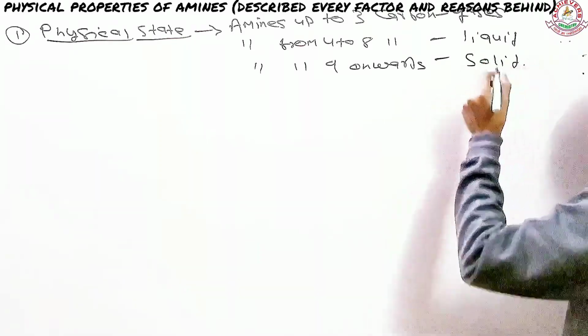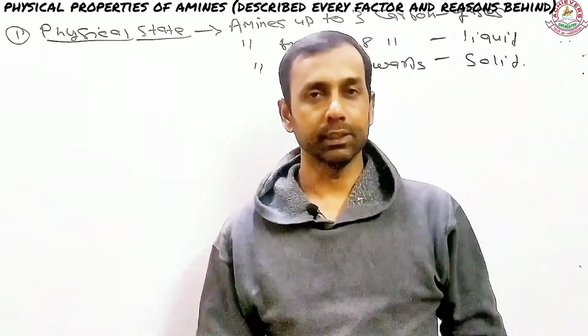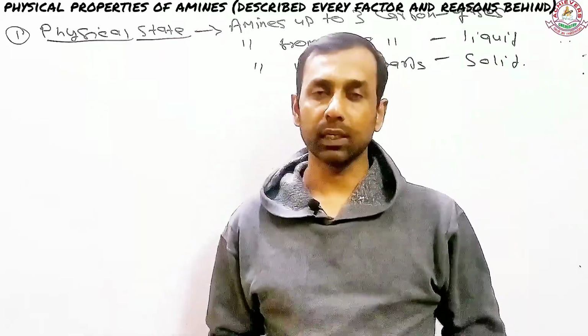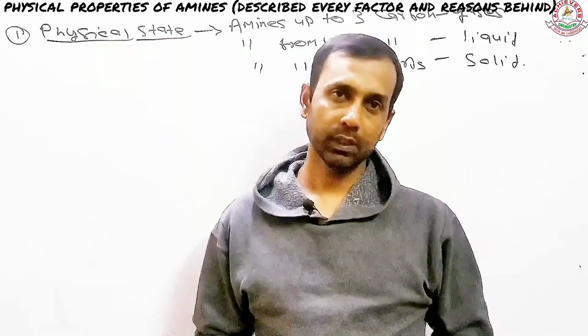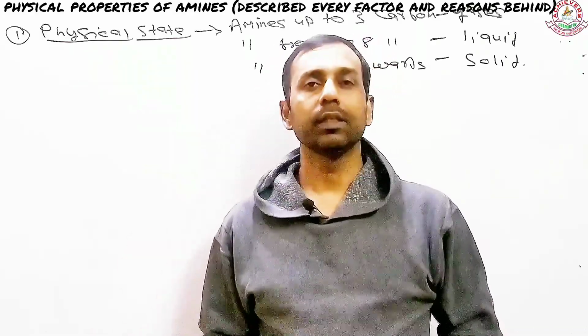So let me explain a bit: the initial 3 members are gaseous, the next 5 members are liquid, and all other higher members, starting from 9 to any number you can compare, are all solid.